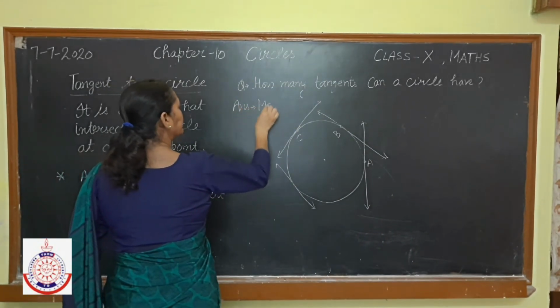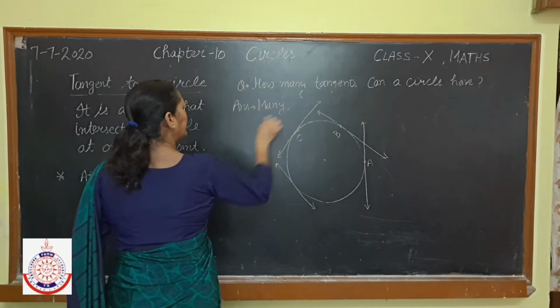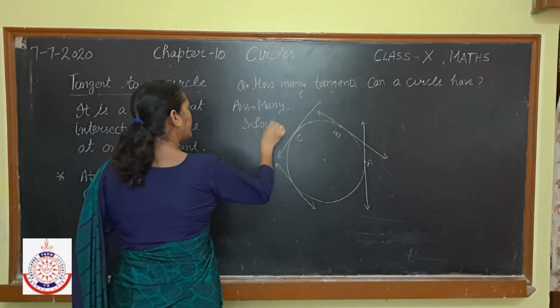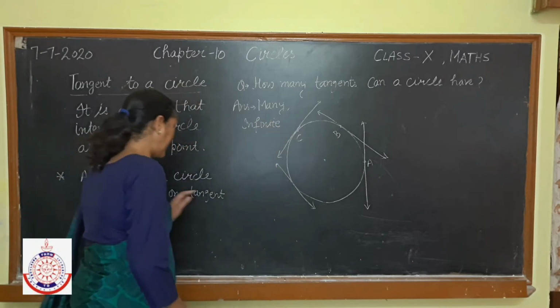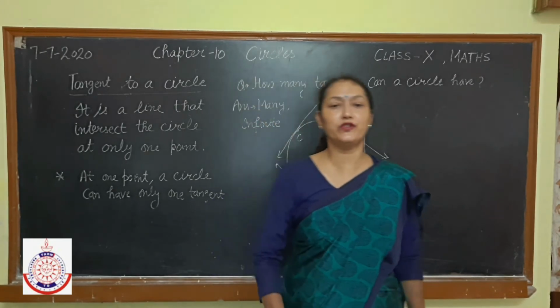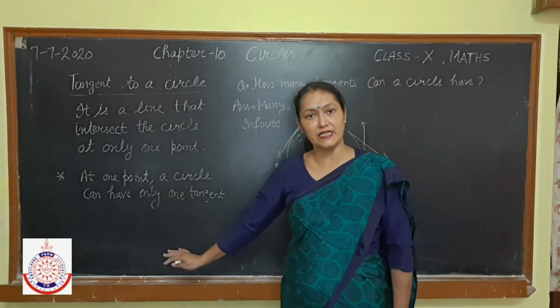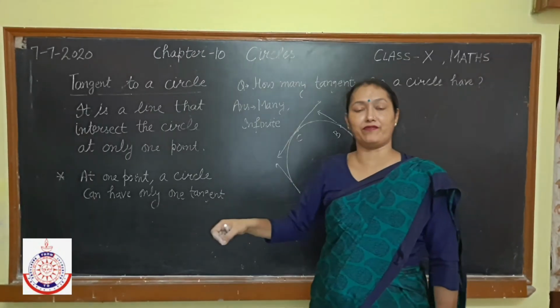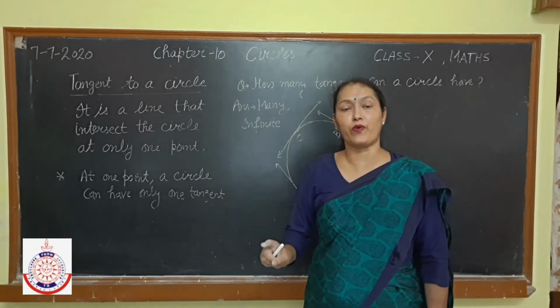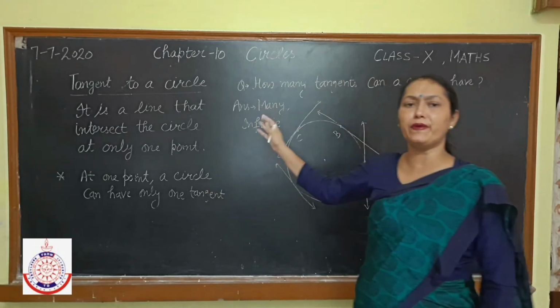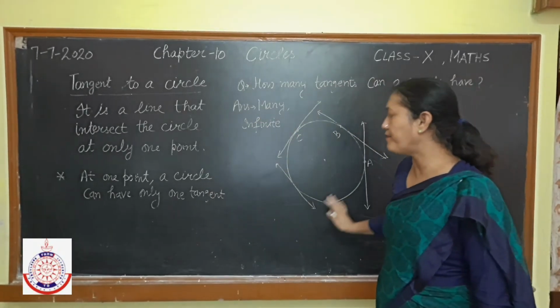So you have to read your question carefully. If they ask from a single point, how many tangents can be drawn, then your answer would be only one tangent. But if they say how many tangents a circle can have, that means they are not talking about a single point, then your answer would be many. A circle can have many tangents.